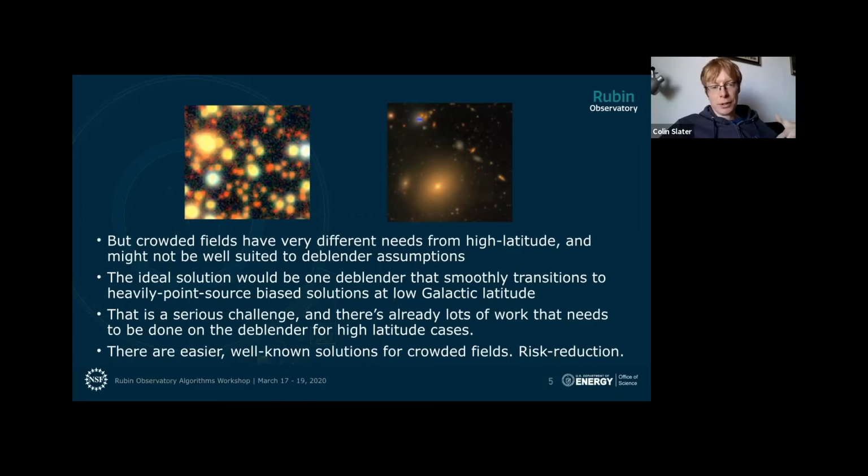As we get closer to the galactic plane and the density of stars increases, it knows that things are going to look stellar-like, PSF-like, so it handles those appropriately and recovers as much as we can.